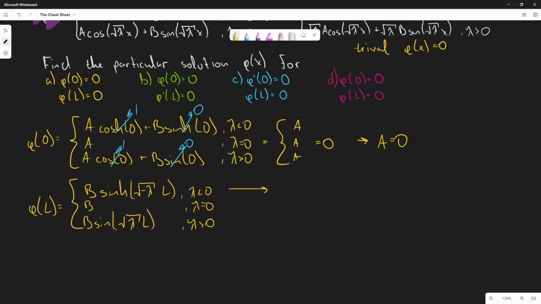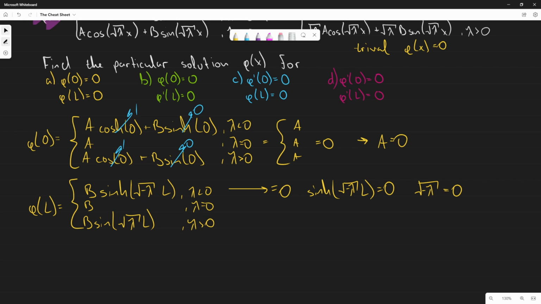For the first case, this will only be equal to 0 when hyperbolic sine of the square root of negative lambda times L is equal to 0, or more specifically, if the square root of negative lambda is equal to 0, because of how the hyperbolic sine function looks.